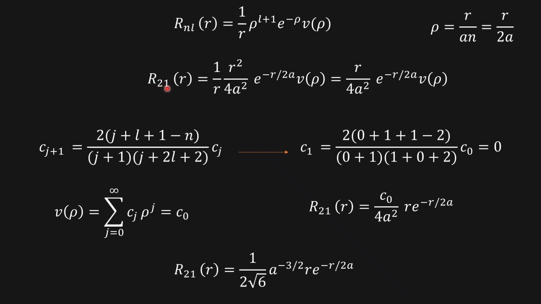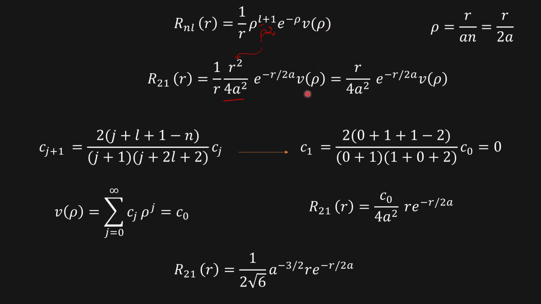Here l equal to 1, so this will be rho squared. Rho squared is R squared over 4a squared, because 2 squared becomes 4. So 1 over R, times R squared over 4a squared, e power minus R over 2a.